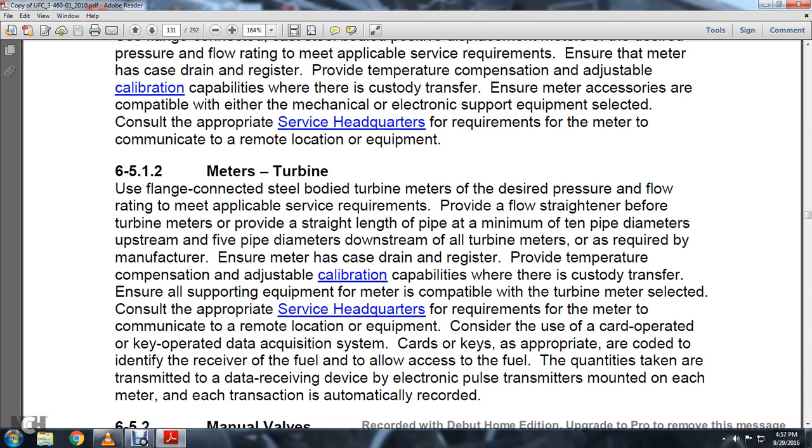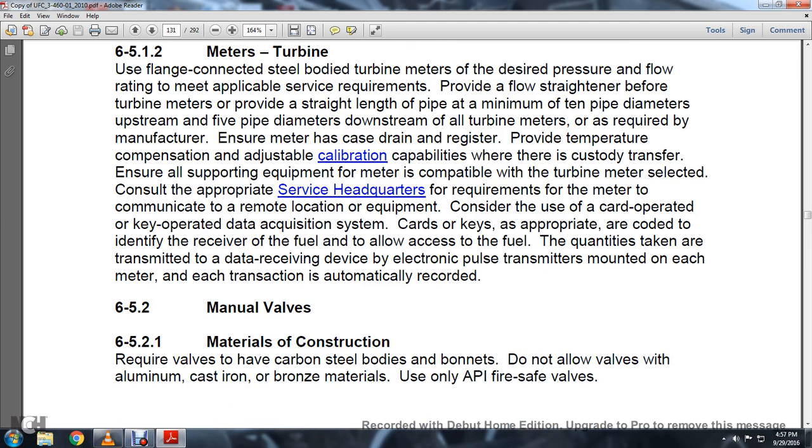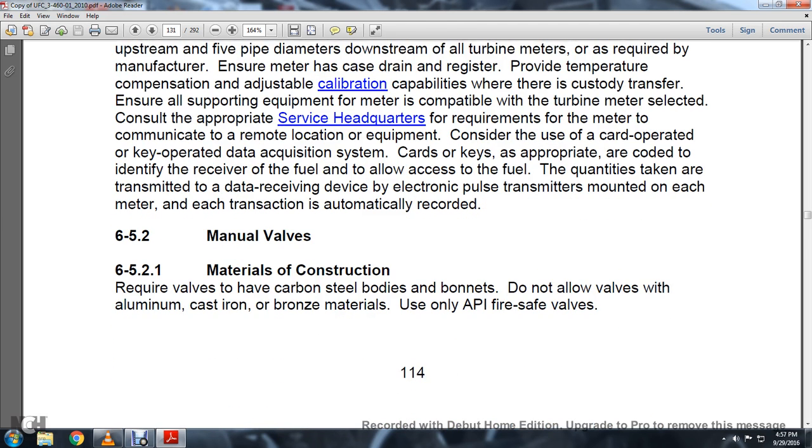Ensure all supporting equipment is compatible with the turbine meter. Consult the appropriate service headquarters for the requirements for the meter to communicate with remote location equipment. Consider the use of a card operated or key operated data acquisition system. Cards and keys are coded to identify the receiver of the fuel and allow access to the fuel. The quantities taken are transmitted to data receiving devices by an electronic pulse transmitter mounted on each meter. Each transaction is automatically recorded.